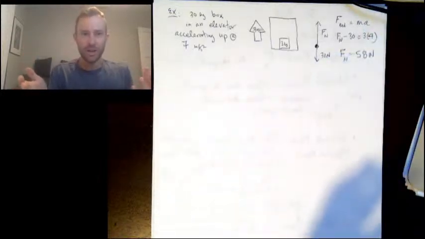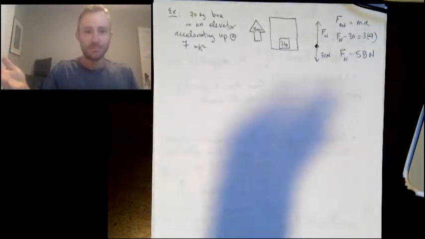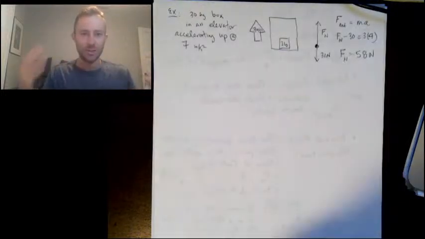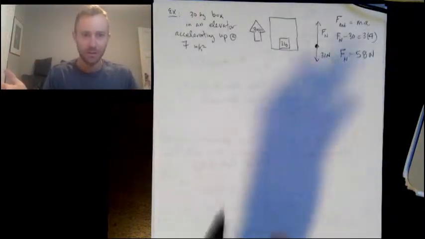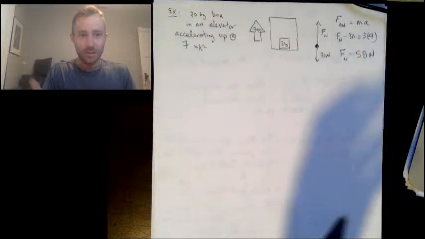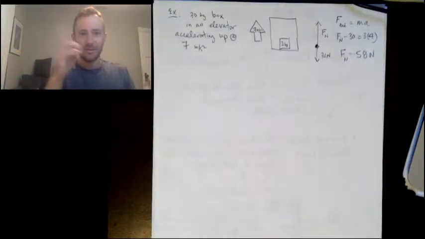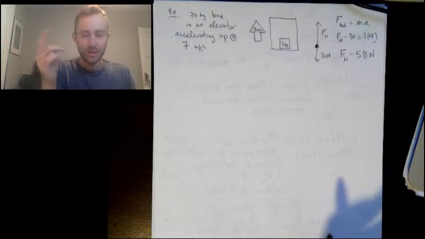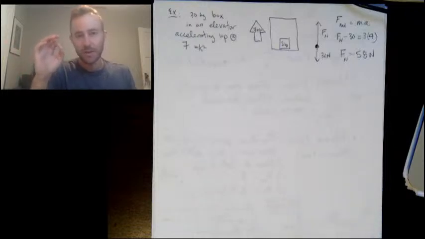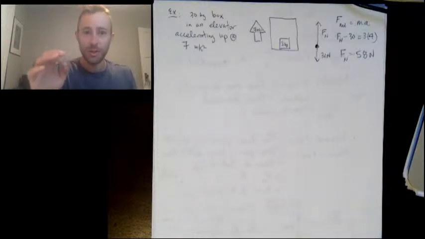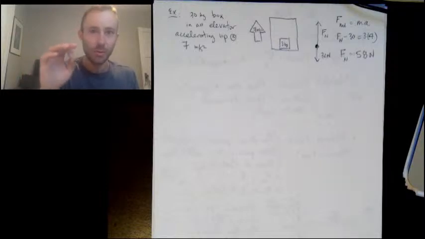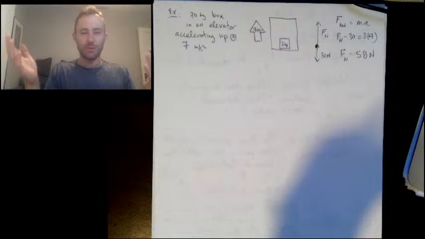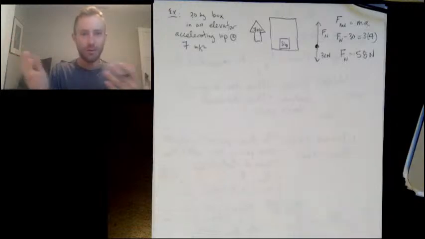Does your weight change if you jump up and down? No, it doesn't, right? You're still the same person. Your m times g is the same if you jump up and down. But if you jump up and down on a scale, the dial is going to be going like crazy. That doesn't mean your weight is changing. It just means that the scale is not measuring what you think it's measuring. What it's measuring is the normal force. If you're jumping up and down, your normal force is changing, but your weight force is not.